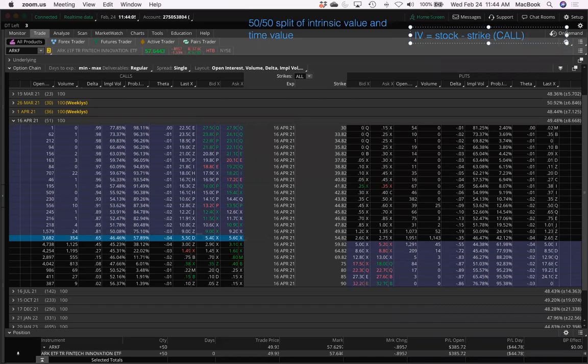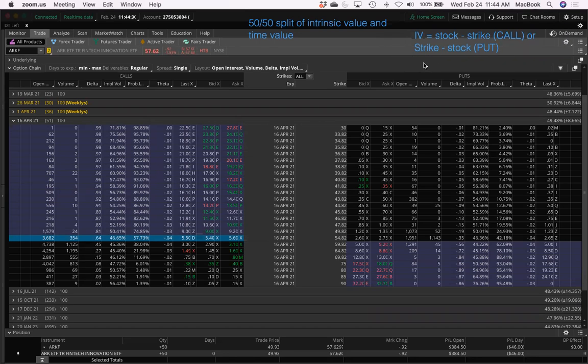If we were doing it for a put, it would be strike minus stock, and that would be for a put, okay? So two different ways of determining IV. But we're going to focus on the call aspect in this particular video.